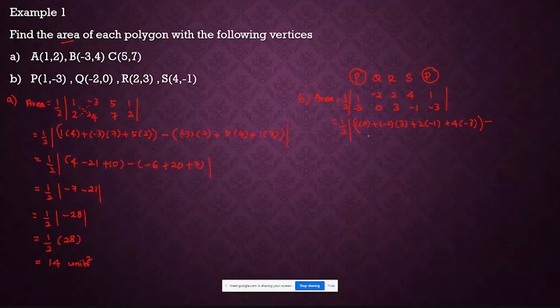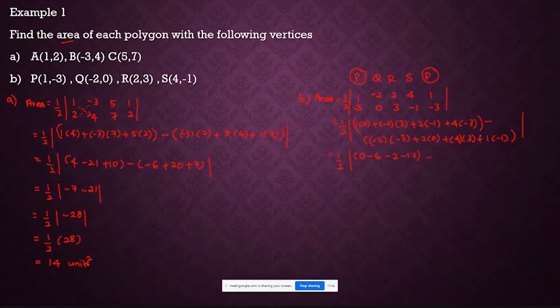Minus. Okay, so the other side: negative 2 times negative 3 plus 2 times 0 plus 4 times 3 plus 1 times negative 1, close bracket, then close modulus. So equal to 1 over 2 again. Okay, now the first part: 0 minus 6 minus 2 minus 12.